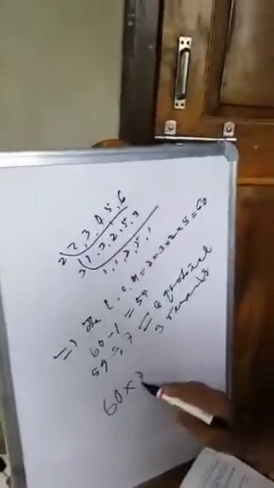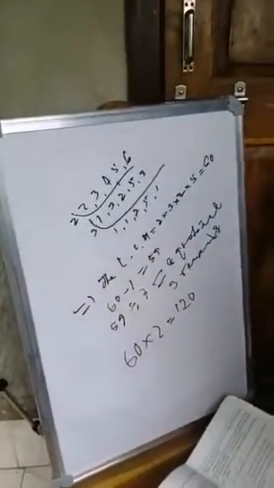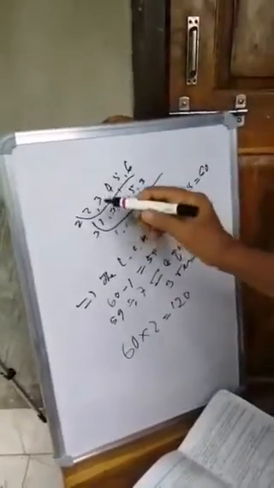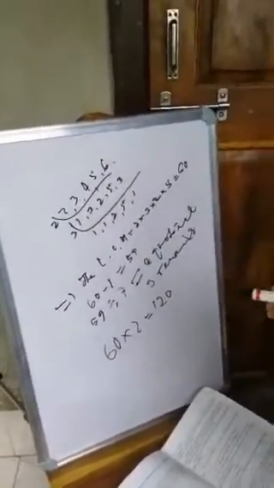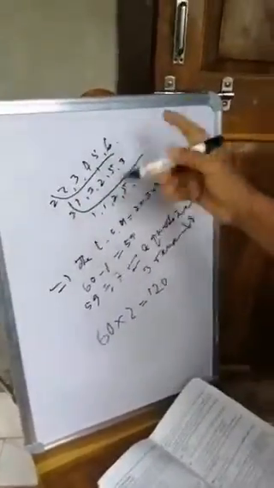Let's see. 60 into 2, 120. And you see that 120 must be divisible by 2, 3, 4, 5, 6.